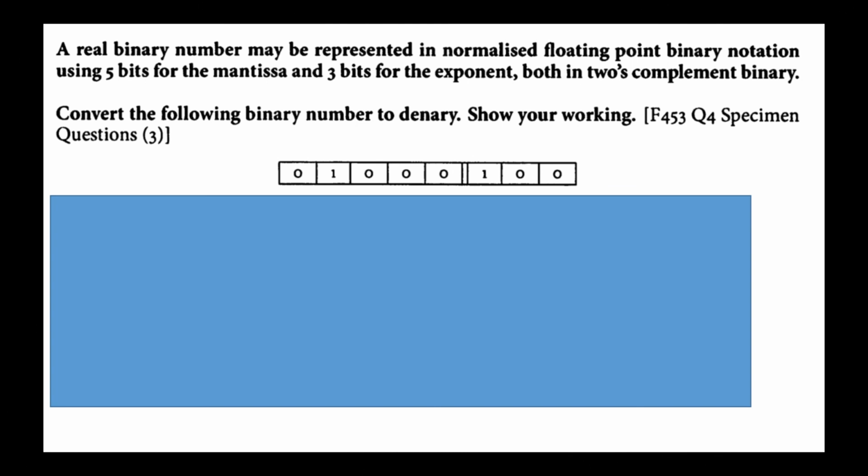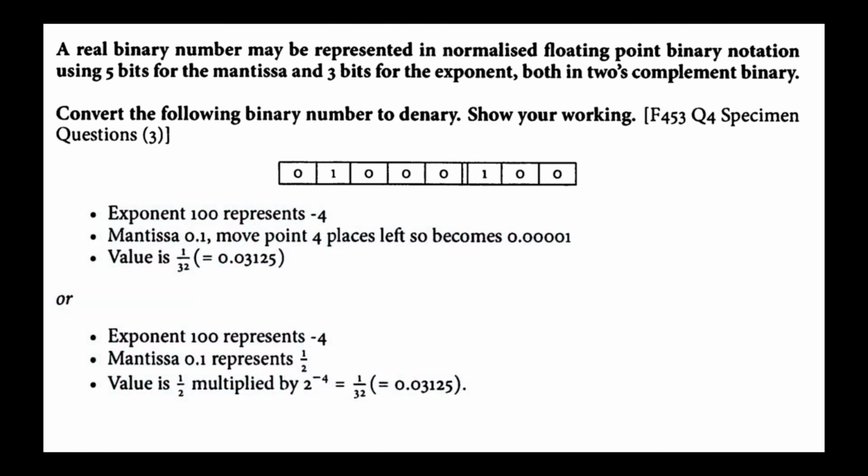Right then, so it's 5 bits for the mantissa, 3 bits for the exponent. So you need to normalize that number. So let's see what it is. The exponent is the same because it represents -4. Then the mantissa is, well, you have to move the point 4 places.